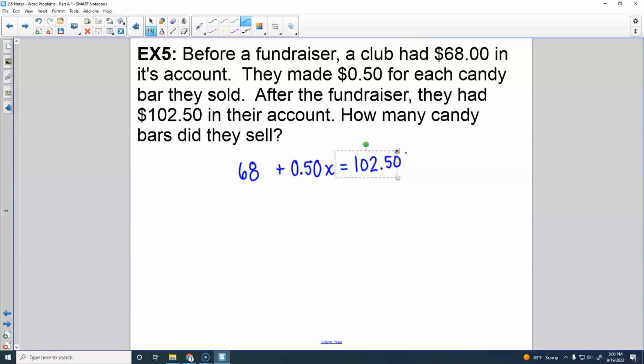All right. So, Evan, how do we solve that? First off, we are going to subtract the 68 from 68. Good. Which means I must also do that over here.